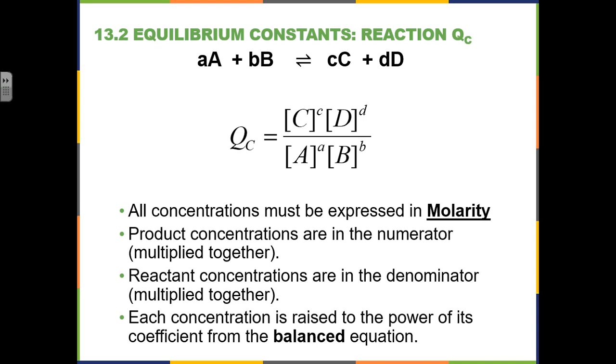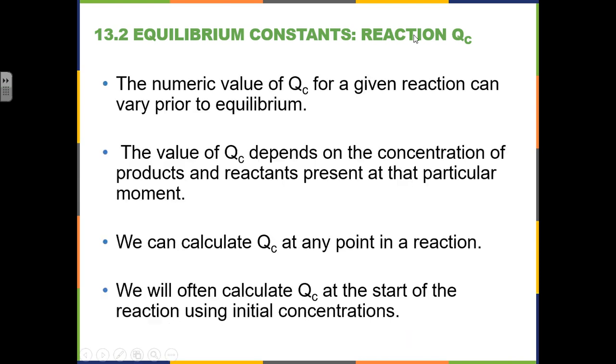The product concentrations are in the numerator, and the reactant concentrations are in the denominator. So the bottom is where your reactants go, and the top is where your products go. And they're raised to the coefficients. But in order for the coefficients to work, the equation must be balanced.